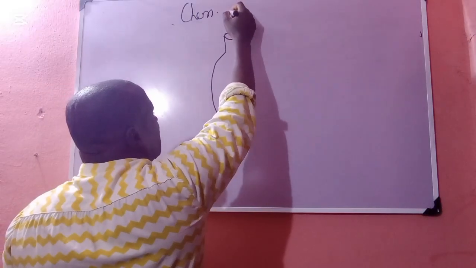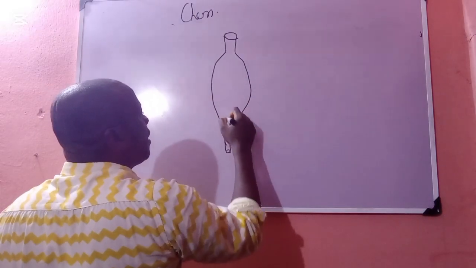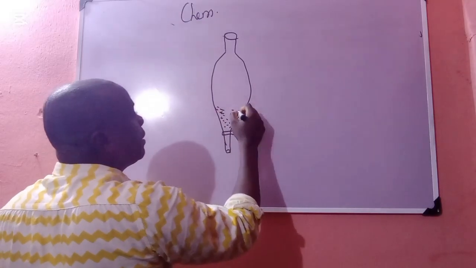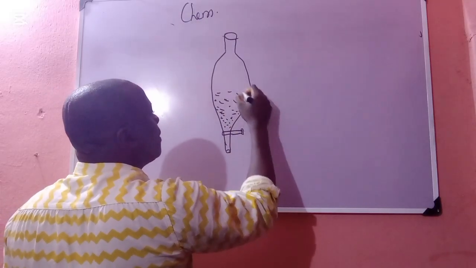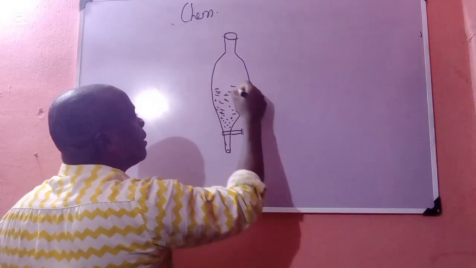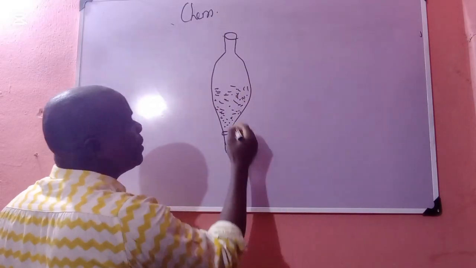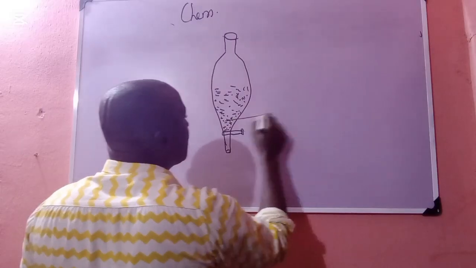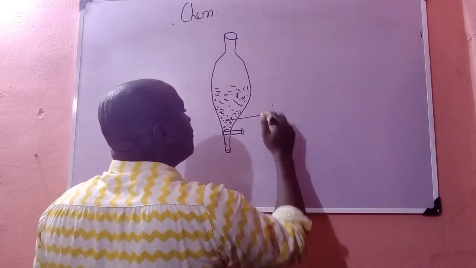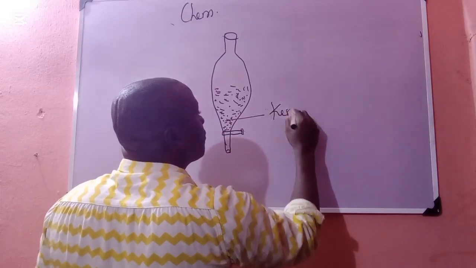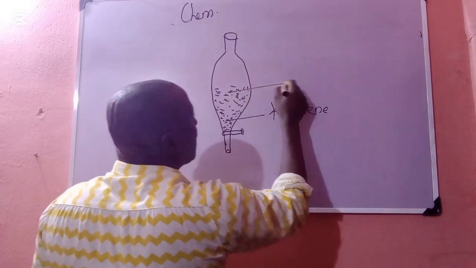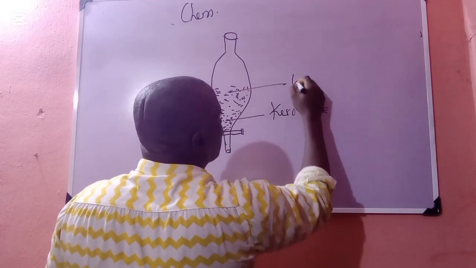Now you pour in your liquid. Let's say, for example, this is the lower part, you are having the kerosene, then this other part you have your water.